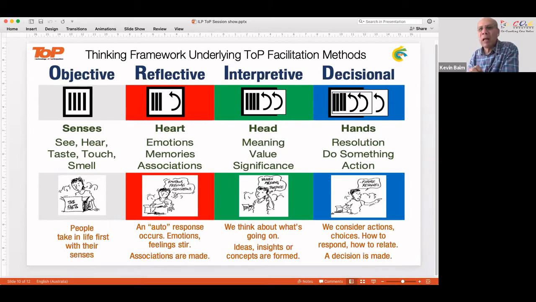I work with some clients who start at the I level. They're already making sense, and I have to pull them back to say, now, what's the data on which you're doing that sense making, and is that data shared by everyone? Or some that might start at the reflective level and they say, I don't think this proposal will work.